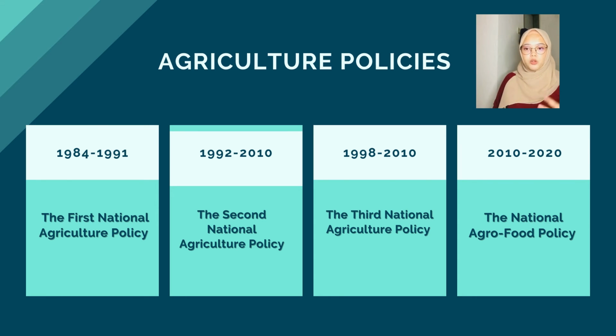The second was introduced to improve the approach. This policy attempted to address difficulties in the agriculture industry, particularly in the domestic and global market, and the increase of farm programs to give smallholder farmers the opportunity to earn more income.